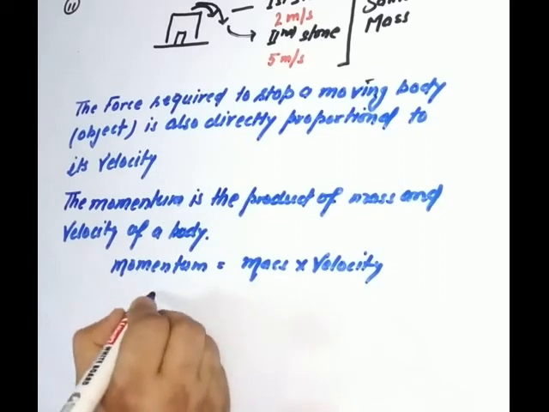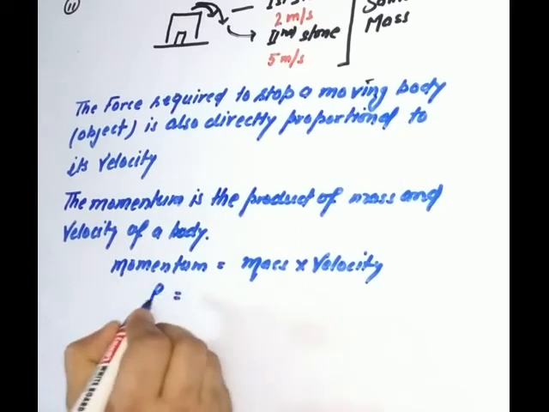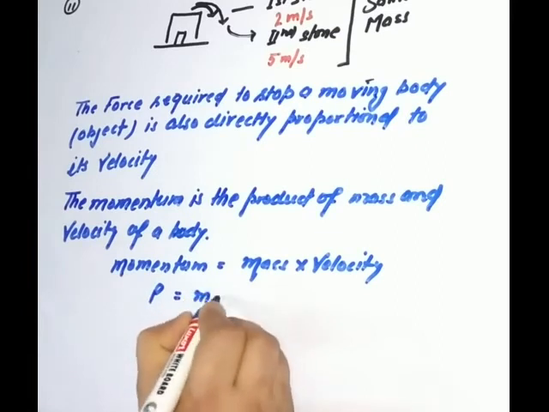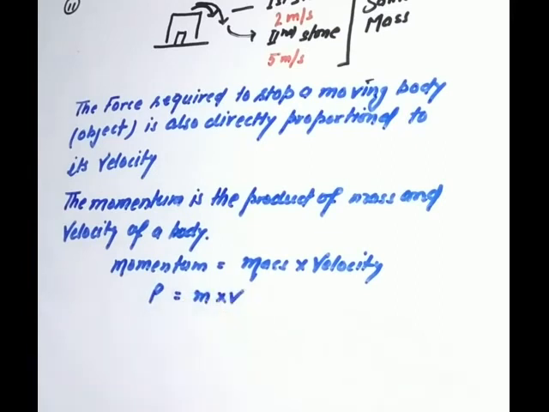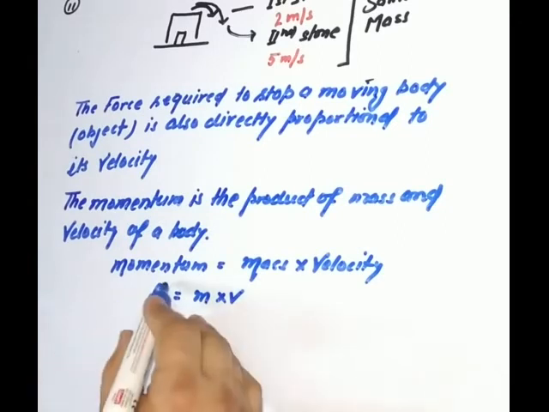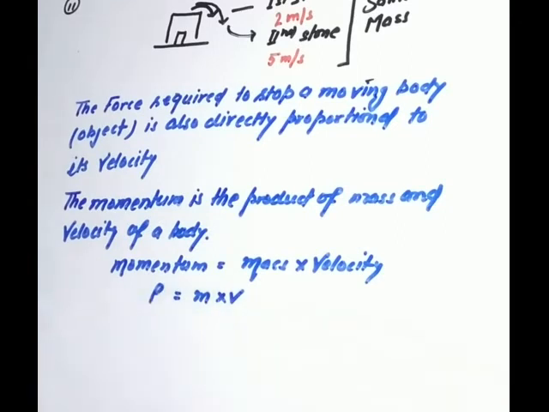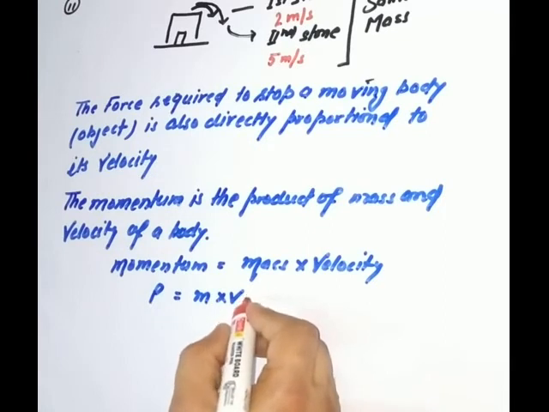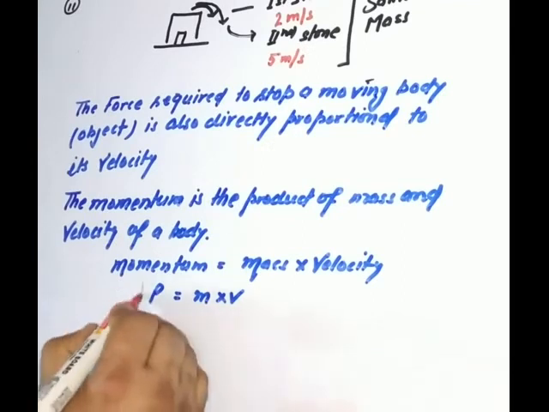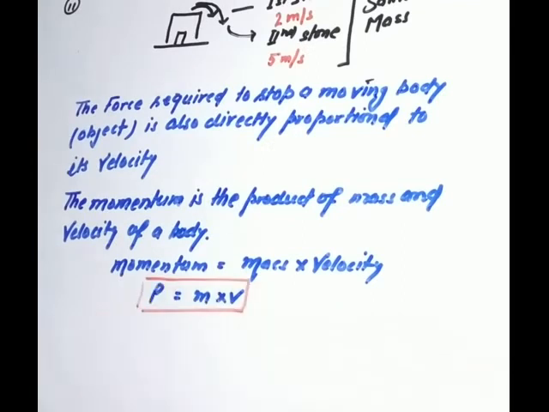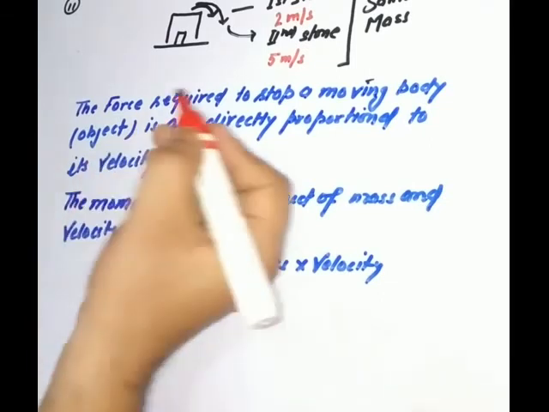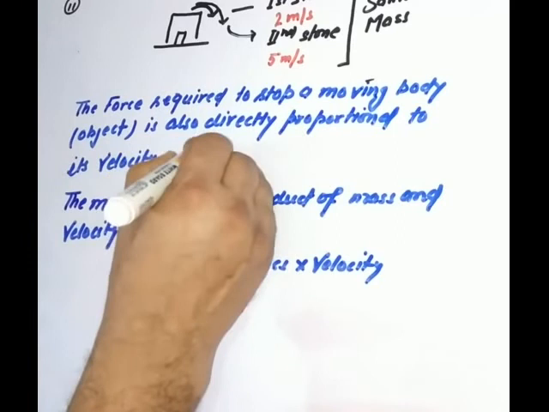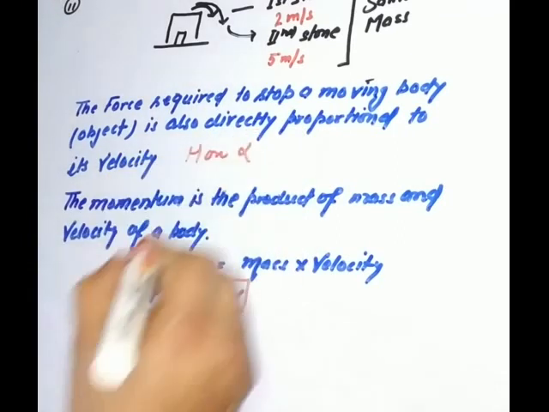Momentum is represented by P equals M into V. P is momentum of a body, M is mass of that body, V is velocity or speed of that body. Okay, this is the result we got. Here we can say that momentum is directly proportional to velocity.